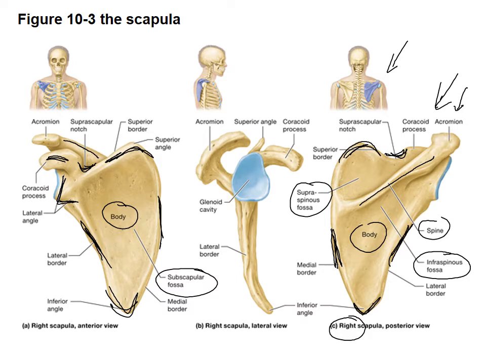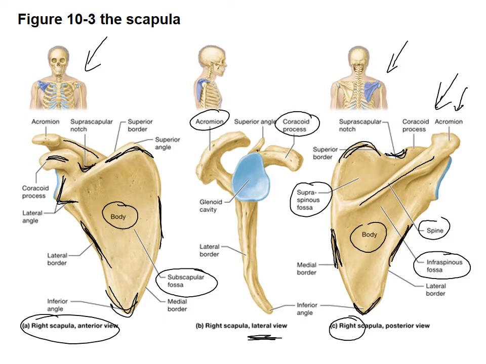Then we're going to look at the lateral view. So that was the anterior view. If you're looking straight at your face, this is what you're going to see looking through your body. You would see the body of the scapula here. Now let's look at the lateral view over here in the middle. You have the acromion popping up top, and then you have the coracoid process sticking off there.